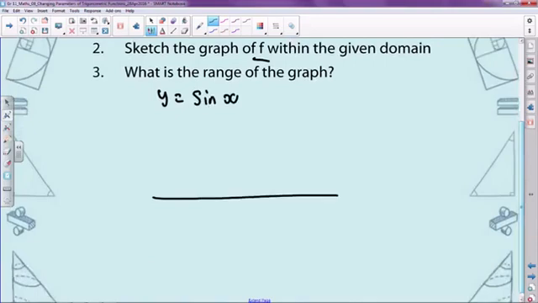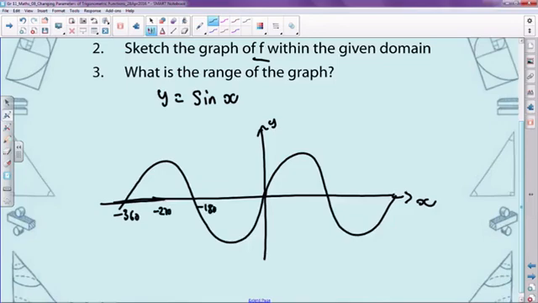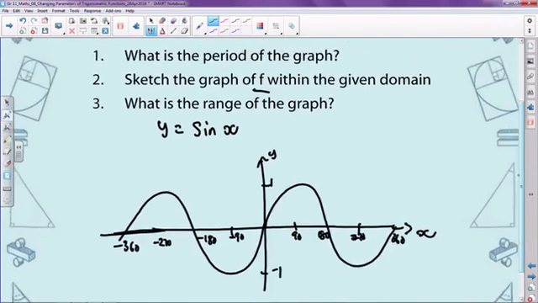Now, you have your graph. That's your x, and then your y. Okay? Right from minus 360 to minus 270, minus 180, minus 90, 90, 180, 270, and then your 360. 1 and minus 1. So you've got that normal graph, which is y equals sin x.